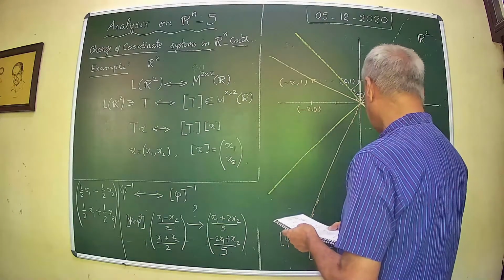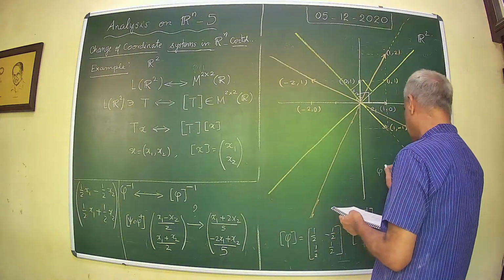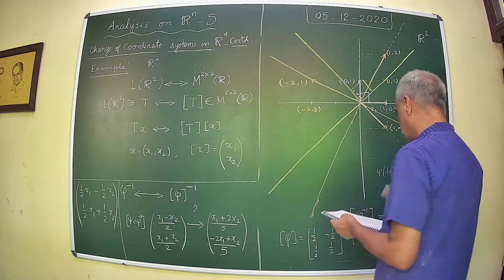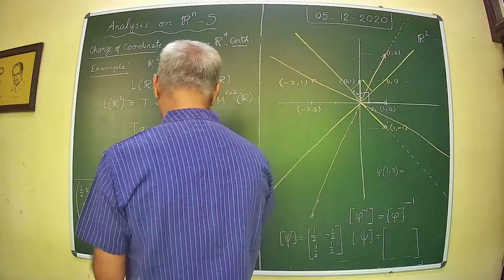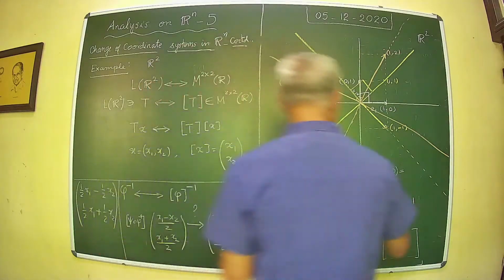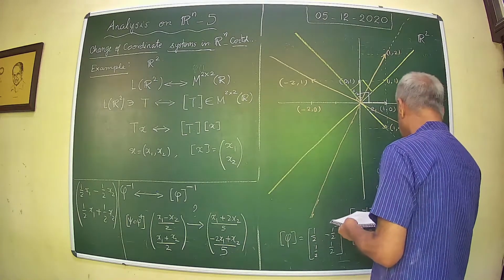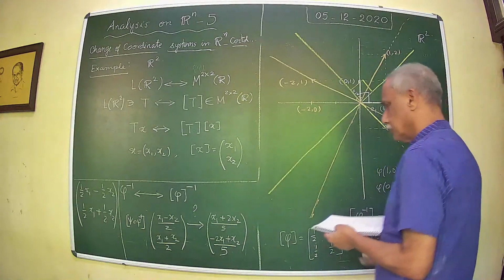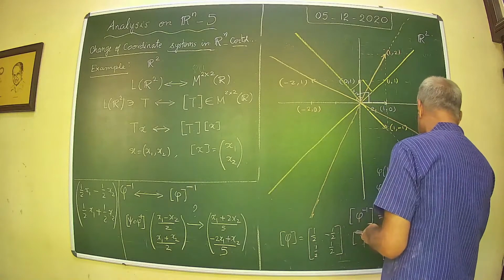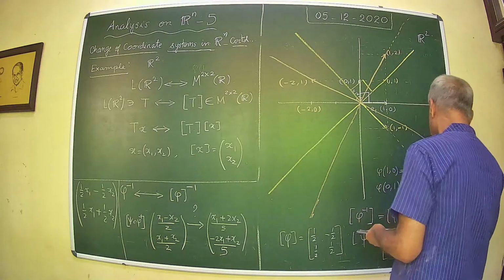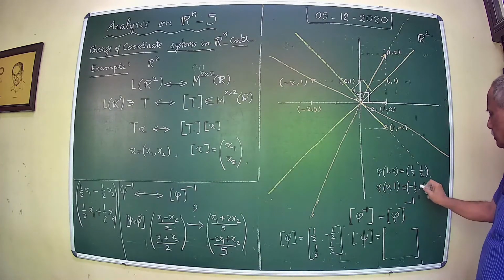Phi of (1, 0) is one half, and phi of (0, 1) is equal to minus half.